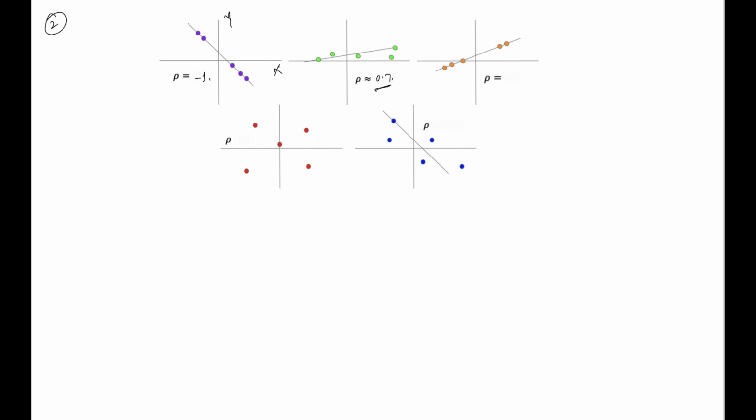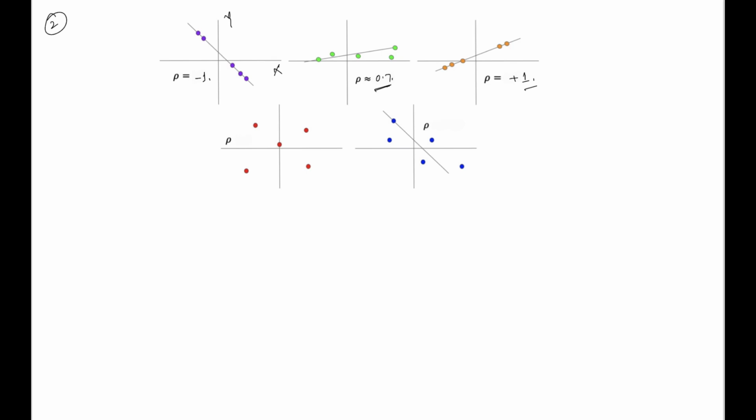Just to give you the sense of the correlation coefficient, we have picked this example, and if you try to find the exact answer, you will not find it, because for that you need the exact data. Here we have the exact linear relationship between x and y, so the correlation coefficient would be positive.